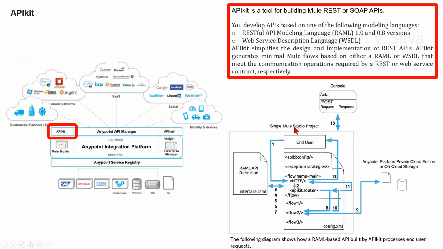Here single Mule Studio project. In config.xml you can see APIkit:config is there, and exception strategy is there, and flows are here. config.xml interacts with Anypoint platform private cloud edition or on cloud storage, and you can see the console here.